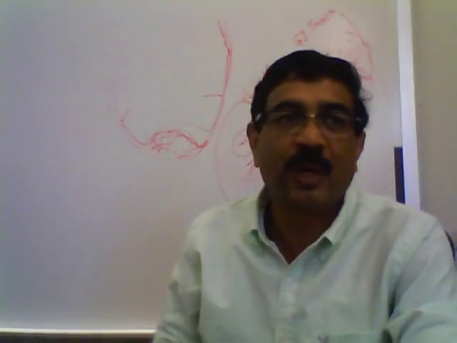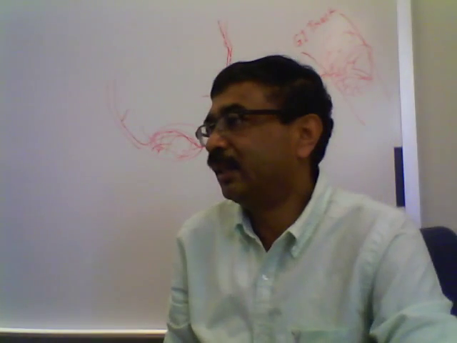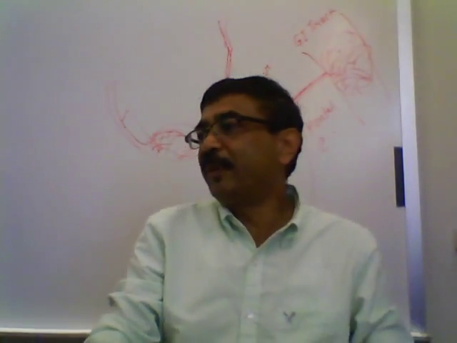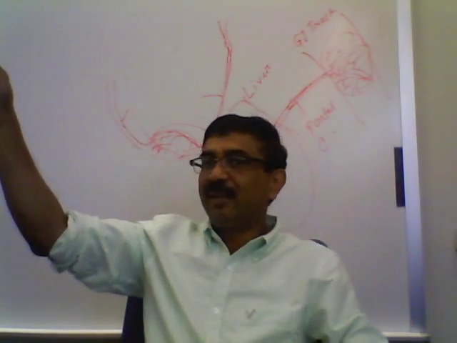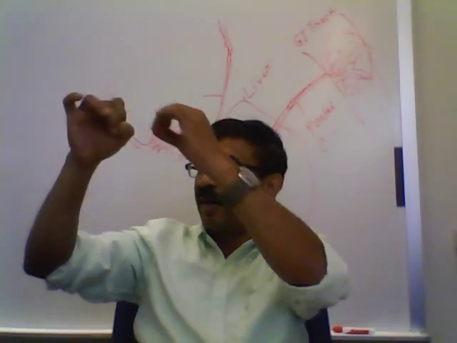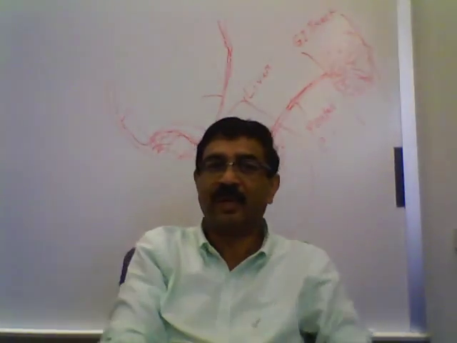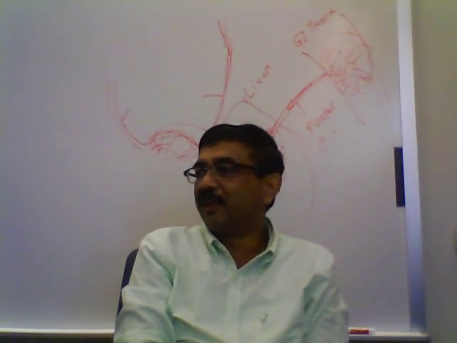So sphincters do what? Control how much blood will enter into the capillary bed. So if the sphincters are constricted, will less or more blood enter into the bed? Less, right? If the sphincters are dilated, relaxed, more blood will flow into the capillary bed. Make sense?